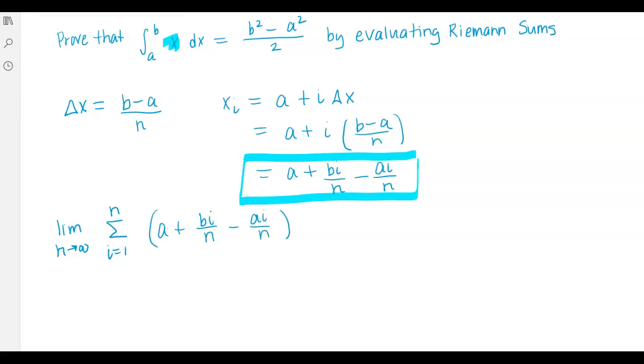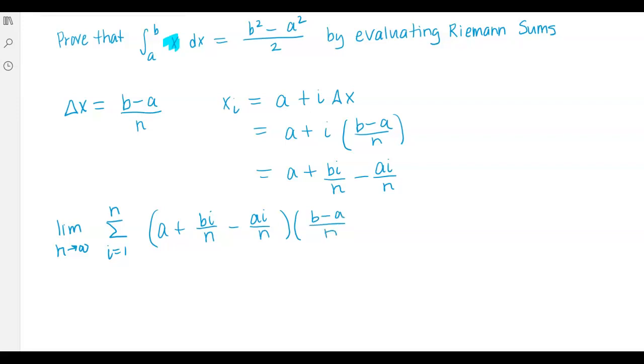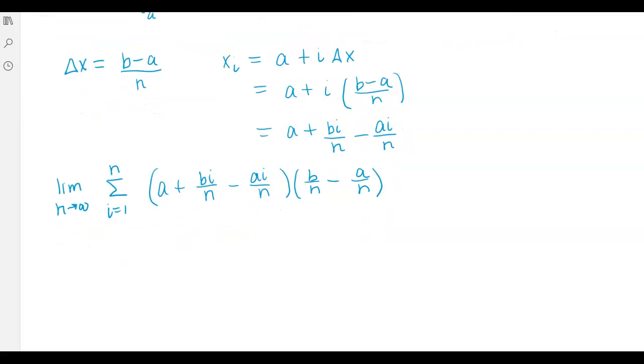That's f of x sub i. And then we multiply by delta x, which is b minus a over n, or I'll write this as b over n minus a over n. I just want to separate this because now what I have to do is multiply all of these terms together.